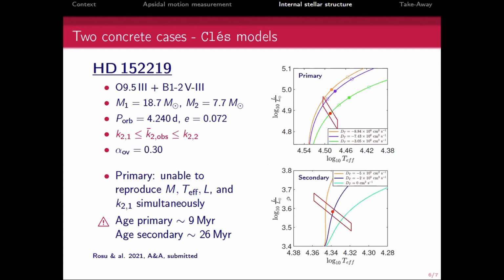When considering the secondary star and looking at the track that passes through the observational box in the HR diagram, with the blue track passing very close to the observation, we see that the models which reproduce the stellar parameters have an age of about 26 million years, while the models that best fit the primary star have an age of 9 million years, which is quite incompatible, seeing that it's a binary system. So here we also have some further investigation to be done to try to understand why we have such a discrepancy between the two stars.